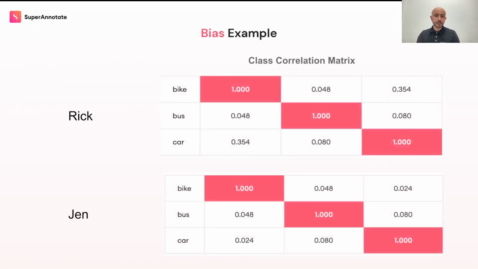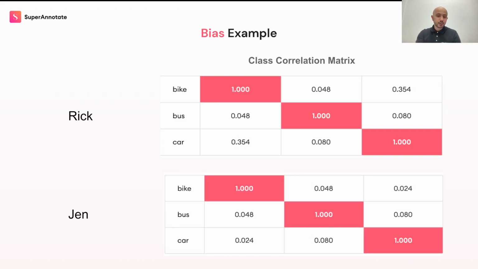So let's start with an example of a bias. Let's assume that you have 3 different classes and the correlation between the bike and the car is 0.35 for Rick, who is our annotator, meaning that whenever Rick is annotating bikes, there is a high chance that there are also cars in the image.